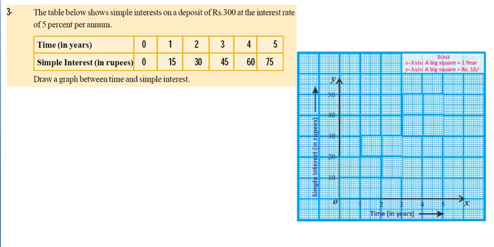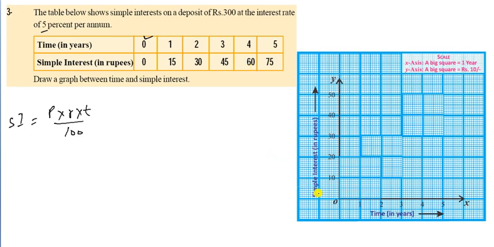Let us see the next one. Next one is the table below shows the simple interest on the deposit of 300 rupees at the rate of 5%. So first calculate this one, 0 per 0. So how can we calculate interest? SI is equal to P into R into T upon 100. So you can calculate very easily, but it is given in your table, all the interest.